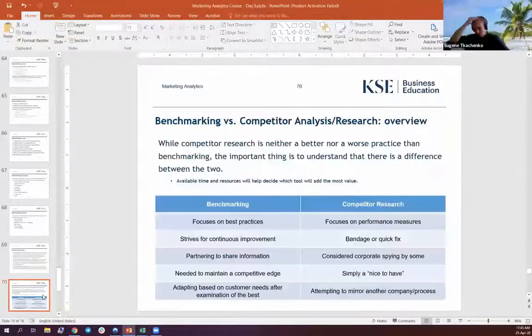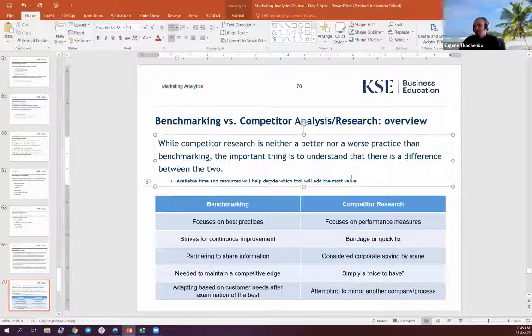So just a few quick slides about comparison, or why benchmarking is better than comparison research and the opposite. There is no right or wrong answer whether you need to use internal benchmarks or benchmarks at the process level for your organization versus competitor research.